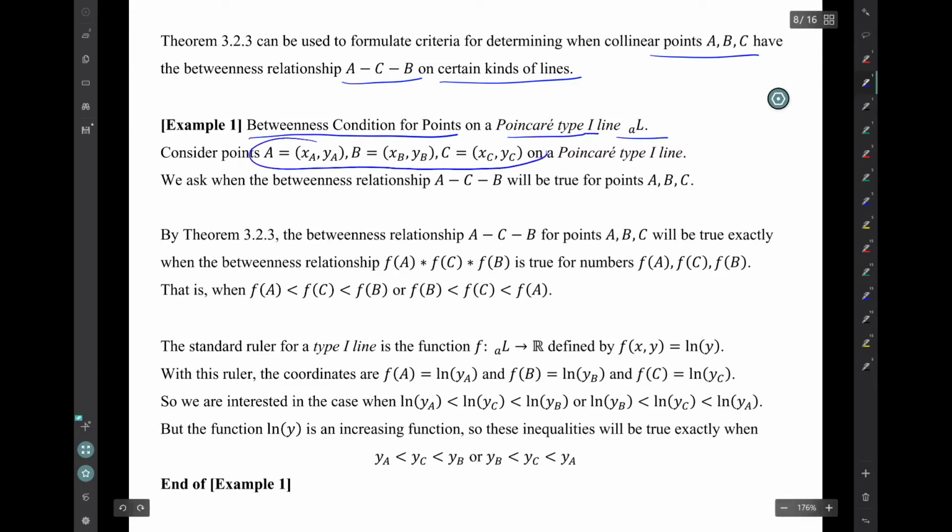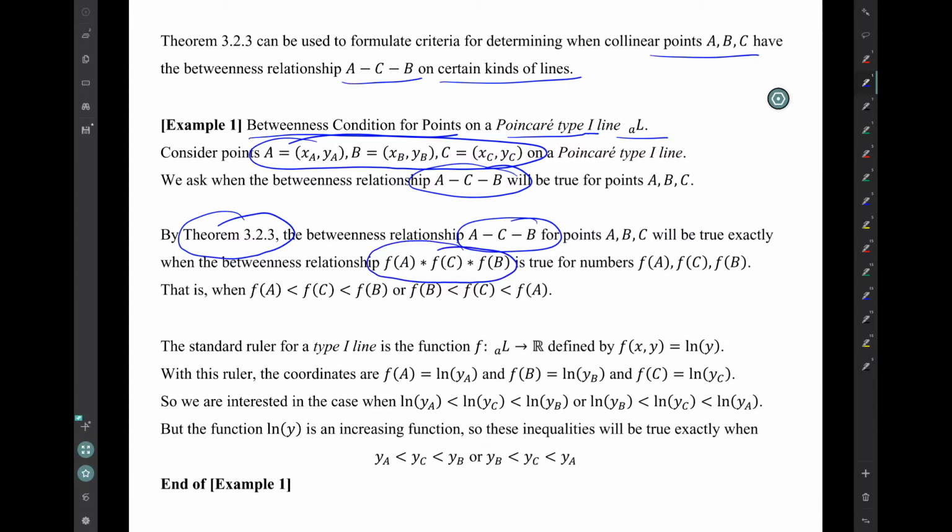Consider 3 points that are on a Poincare type 1 line. We ask, when is this betweenness relationship going to be true? Well, by that theorem, the betweenness relationship for those points will be true exactly when this betweenness relationship will be true for the numbers f of A, f of C, f of B. That is those coordinates of those 3 points.